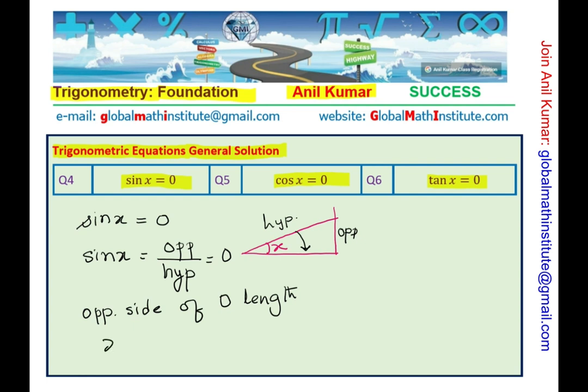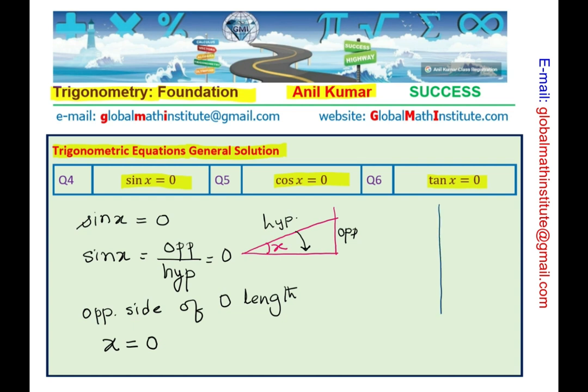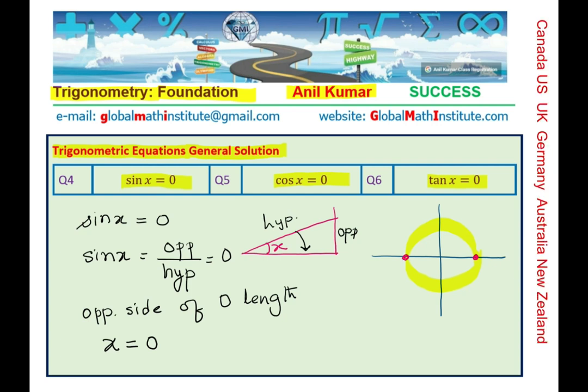So we get one solution, which is x is equal to 0. So that forms one solution, right? But if you see the sine graph as such, then consider a point which is moving along a circle. In that case, you notice that there are two positions at which sine value is 0, correct?